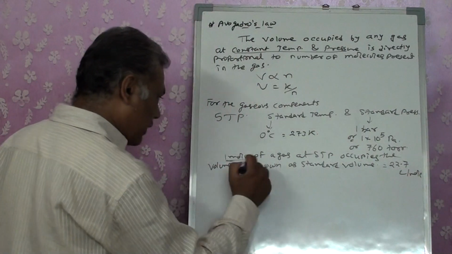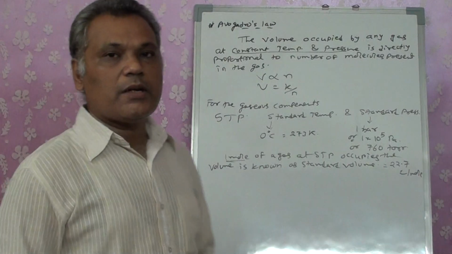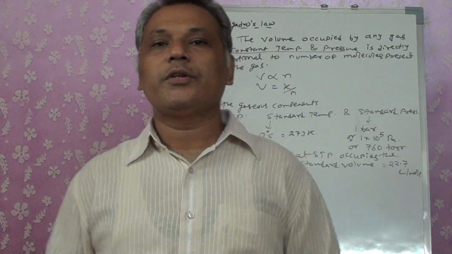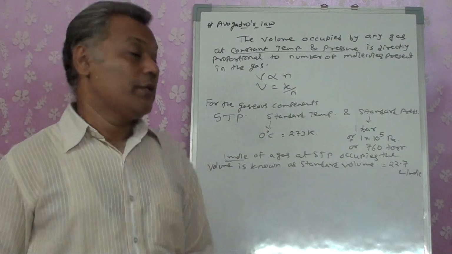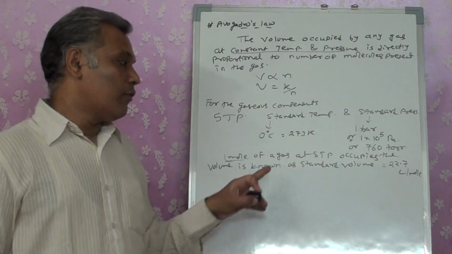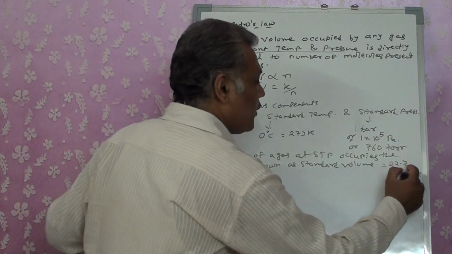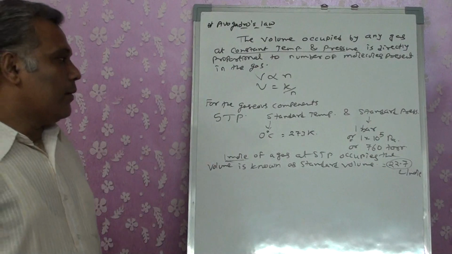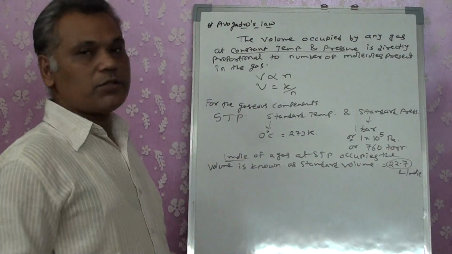Now if it is 1 mole fixed, that means the number of molecules at STP is fixed, 6.022 into 10 raised to 23 molecules. Then the volume occupied by it will be 22.7 liter per mole, right? Now this is for the gaseous components.